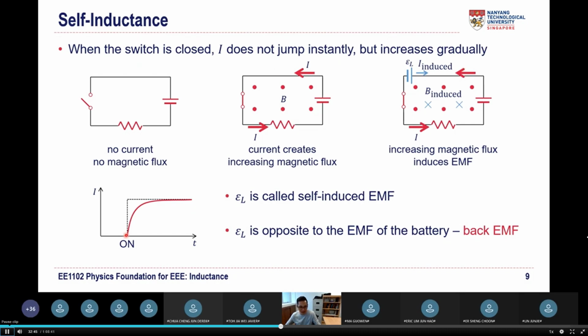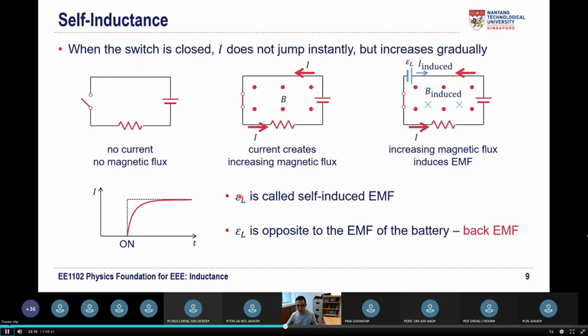So rather than jumping up like my dashed line, it actually follows this red curved line, which increases with time. Eventually it will reach the final state where this I induced is going to be zero, but until that time is reached, it will increase slowly like that.